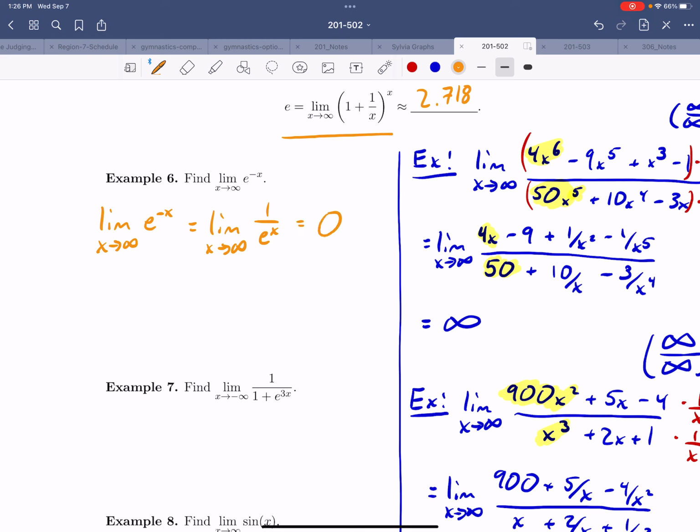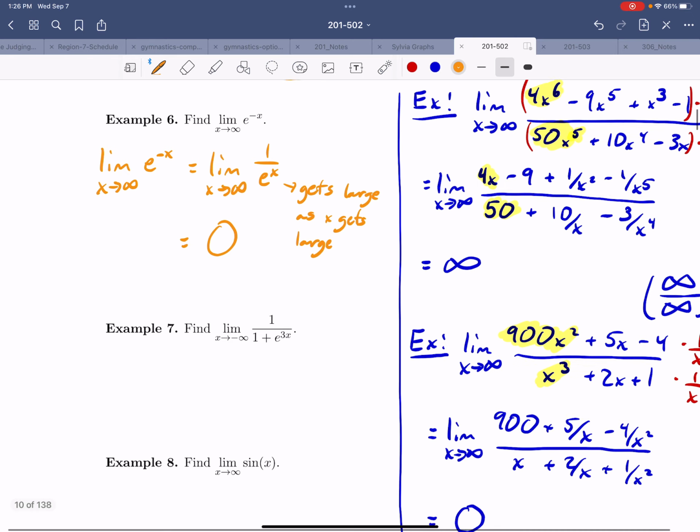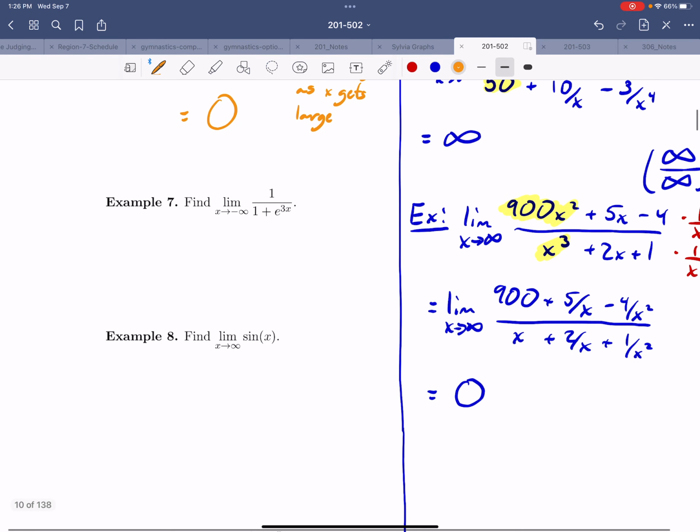So our answer is 0. Maybe actually I'll write it down here. This gets large as x gets large. So top stays the same, bottom gets bigger. We get 0. We're done.